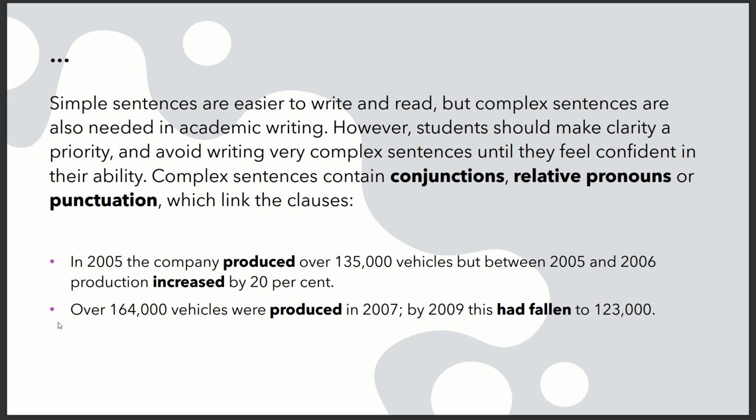And if we continue and check the other one: over 164,000 vehicles were produced in 2007; by 2009, this had fallen to 123,000. As we can see here, we have connected these two clauses using the conjunction but, and sorry guys, I believe I have forgotten to add a comma here.